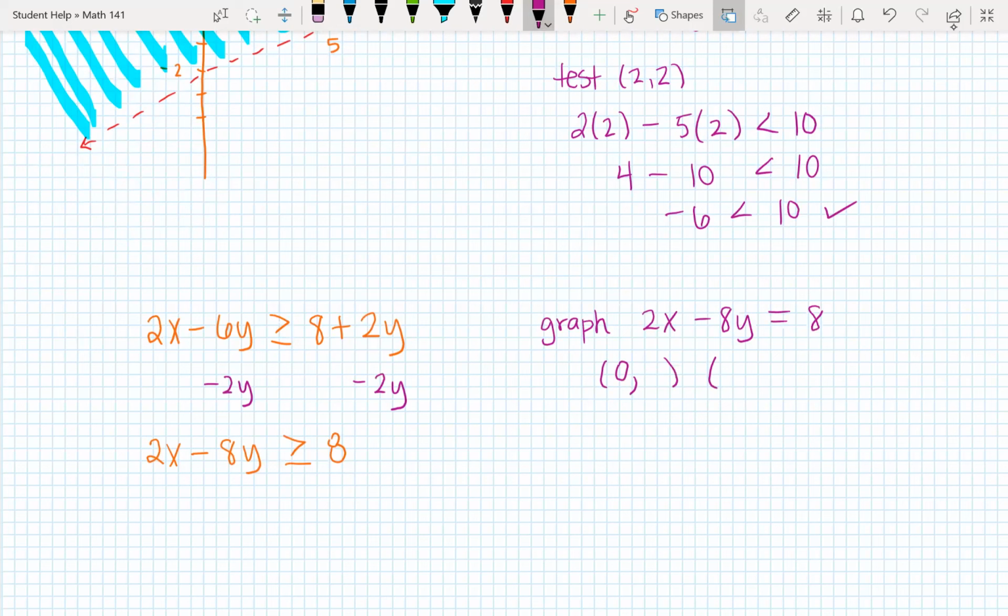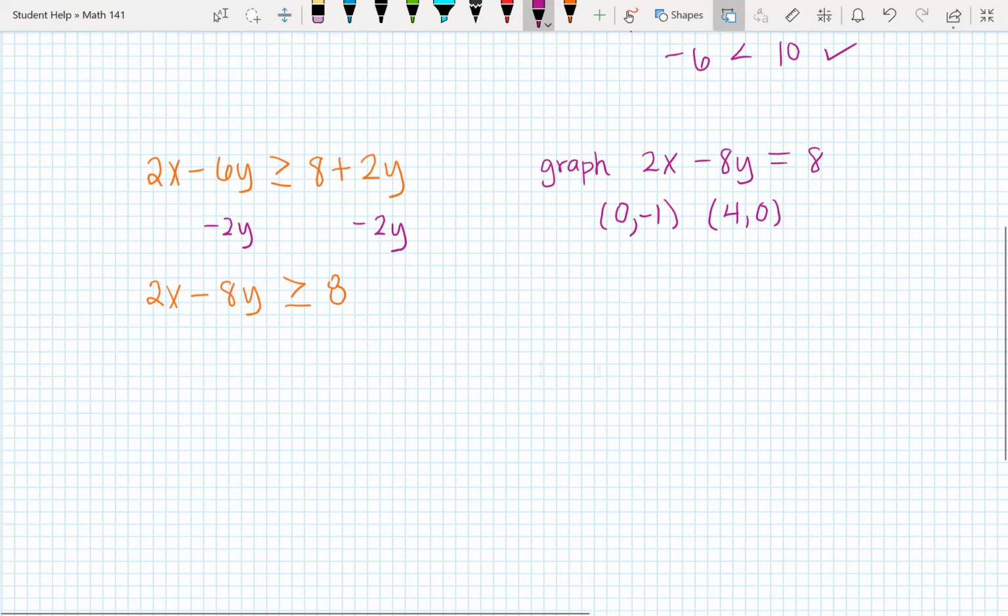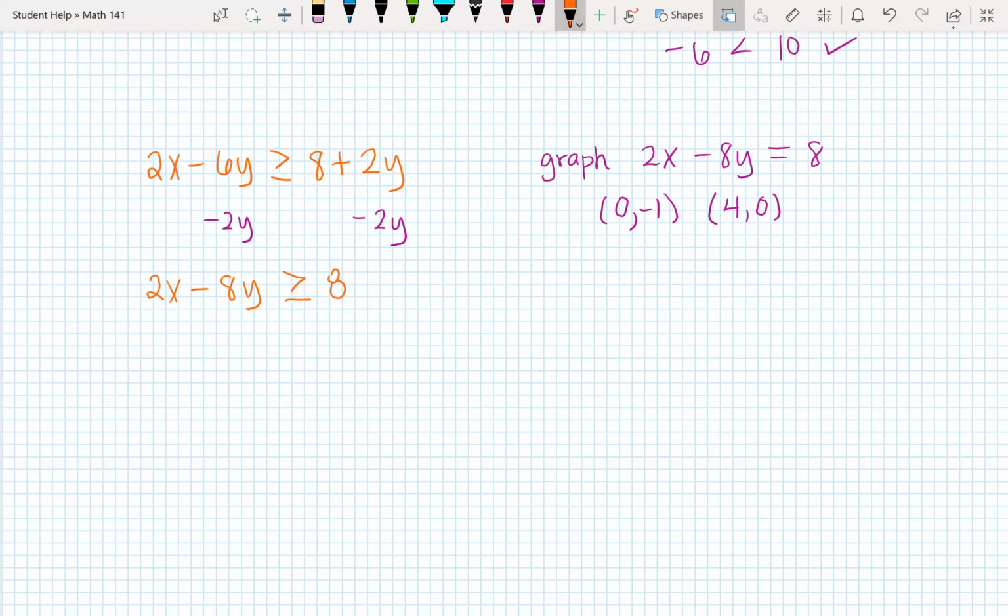Just confused myself there. -1. And the x coordinate is going to be 4, 0. So let's put this together on a graph. So let's see, 1, 2, 3, 4. So that's 1 and here. So it looks like my line is going to be here.